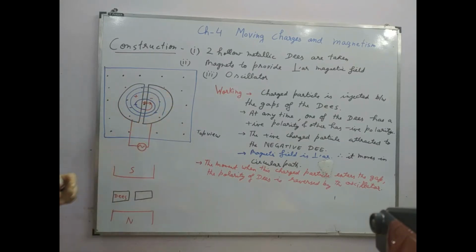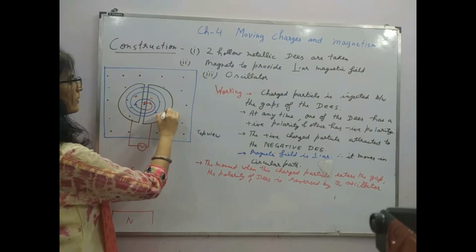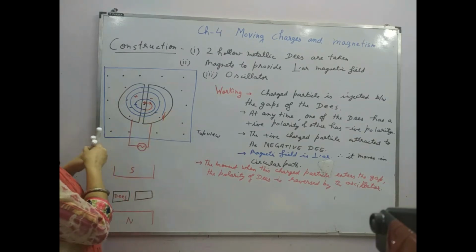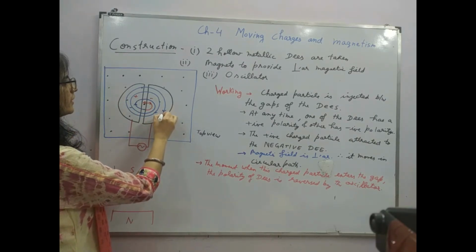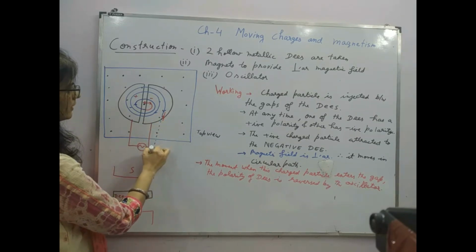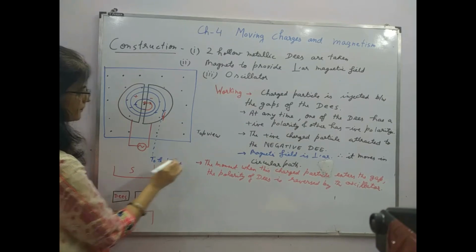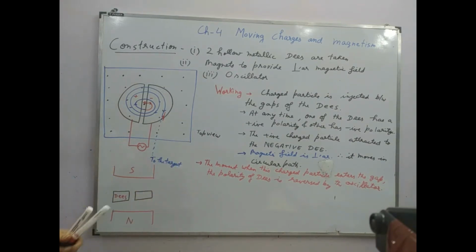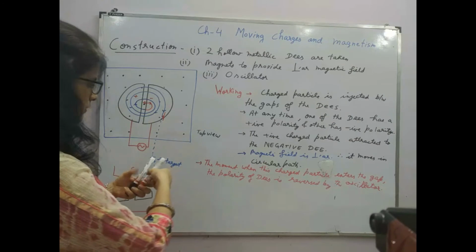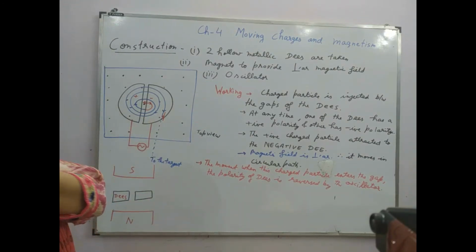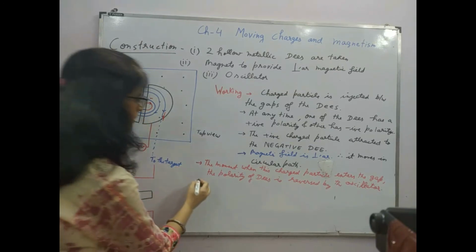And when we want to use it, what do we do? We use a deflecting plate, which helps in directing this particle to the target. Okay, so this is about the working, and one line needs to be written. The polarity of the Ds is reversed by the oscillator when it reaches the gap.